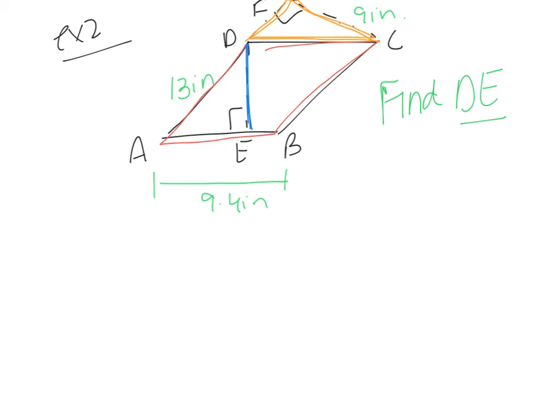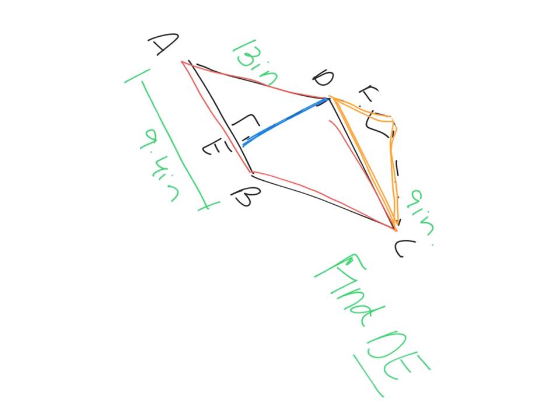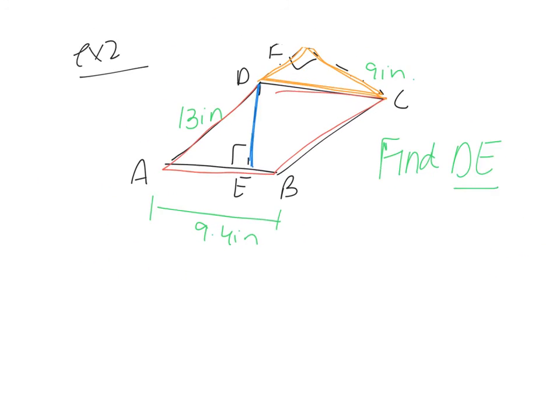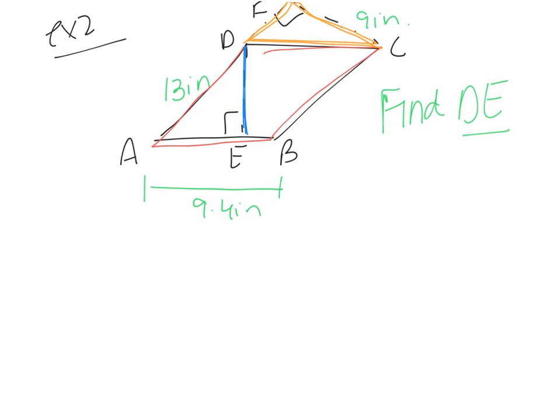Now, the nice thing about this is that we can find the area of the parallelogram if we take this and we turn it this way. The height is 9 and the base is 13. So if we find what the area is, then we can very simply figure out what the height of the parallelogram going this way is.